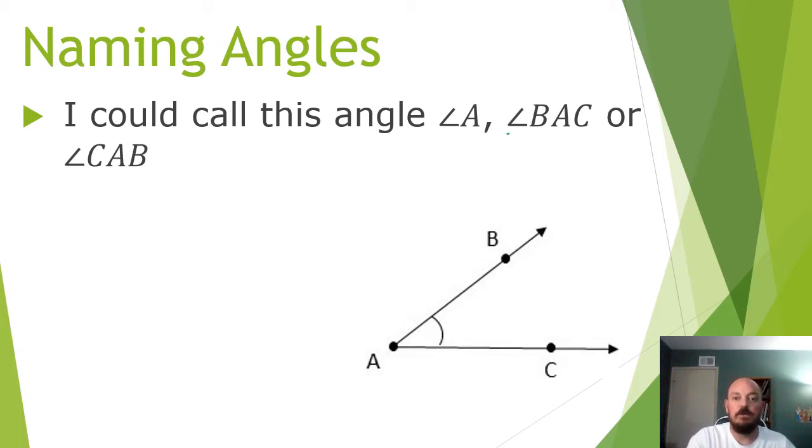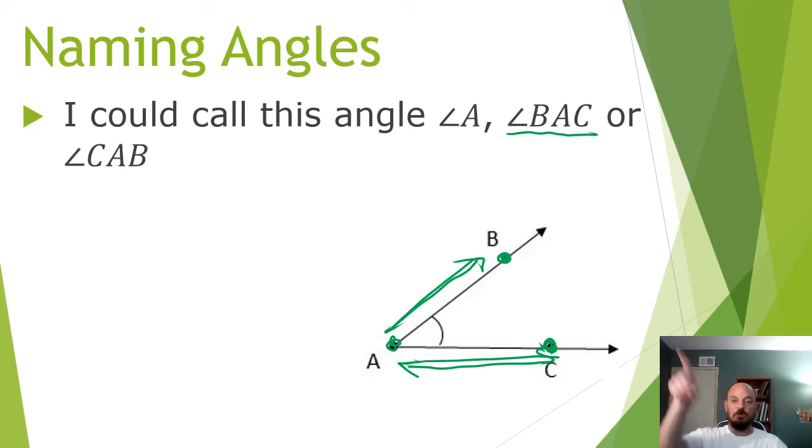I could call it angle BAC, because it goes from B to A to C. It's like you're going in order to draw the angle, BAC, or you can go the other direction. I can call it CAB. So I could start here at C and go this way to A, and then this way up to B. It depends on how you're drawing it, but you're going in order of how you would draw it. You would go BAC or CAB.